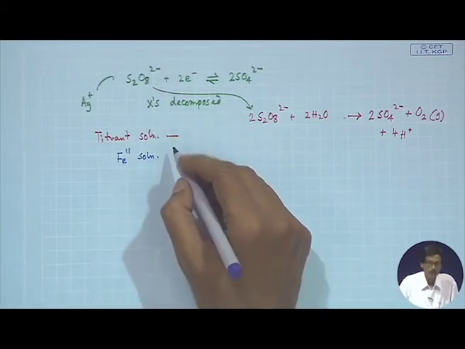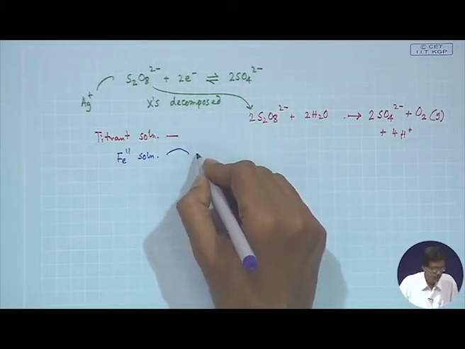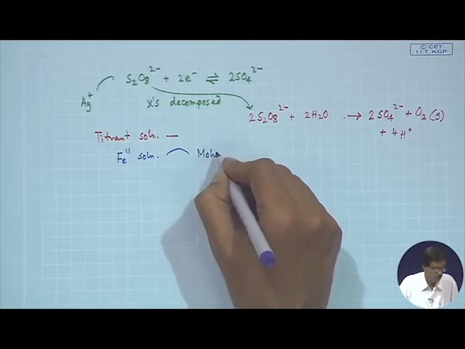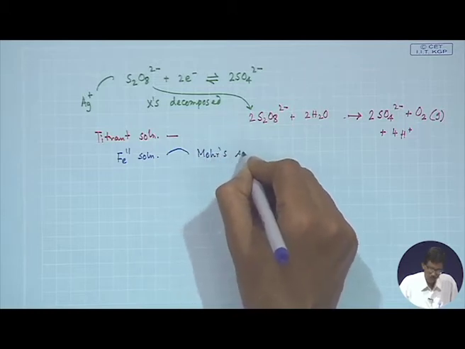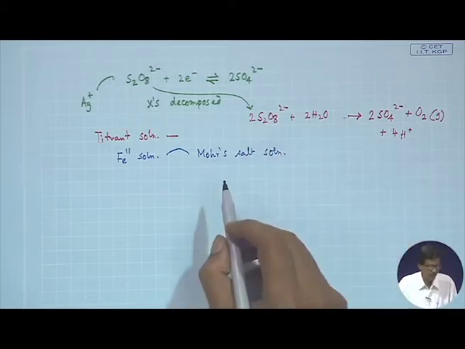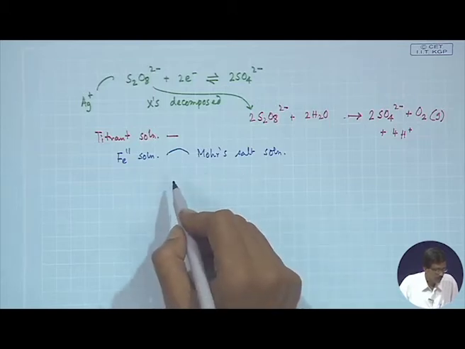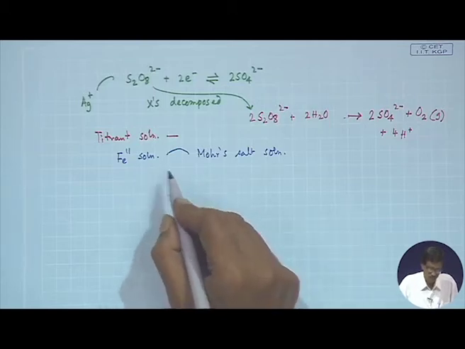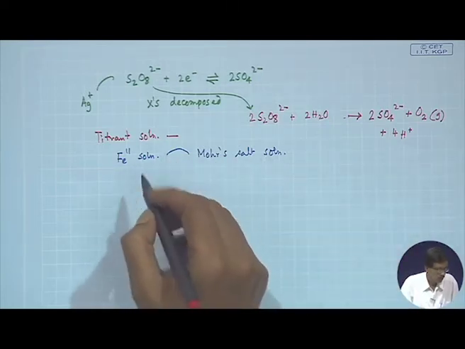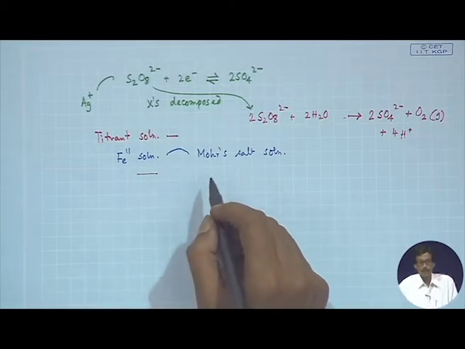We all know from other sources that you can have a Mohr salt solution, which is ammonium sulphate ferrous sulphate double salt. This can be very much useful if you have a standard ferrous sulphate or Mohr salt solution to determine some of the oxidizing agents also.